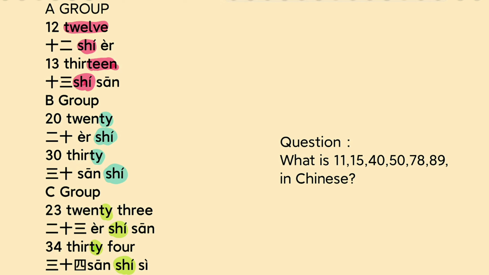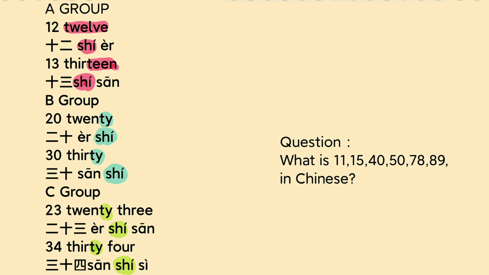For 13, 十三. You can see that you just need to put the 10 in the first place and then add the Chinese pronunciation of the number behind the 10. You can see 12, which is the number 12, right? 12 is made of 10, and then add the Chinese pronunciation of 2 behind the 10. You can get the Chinese number.